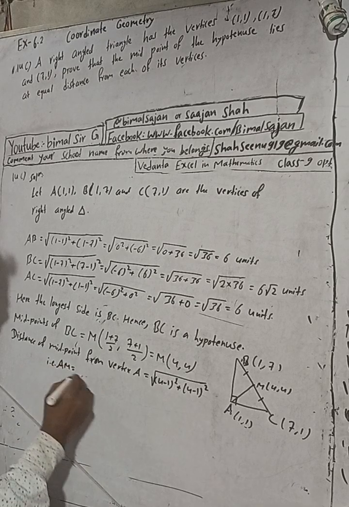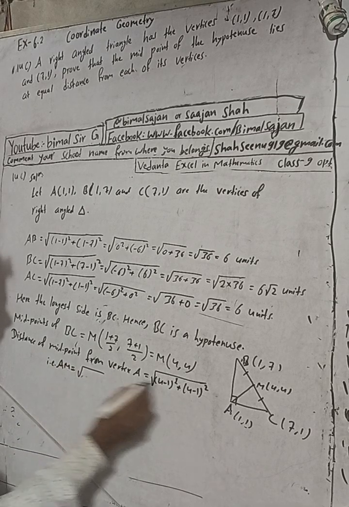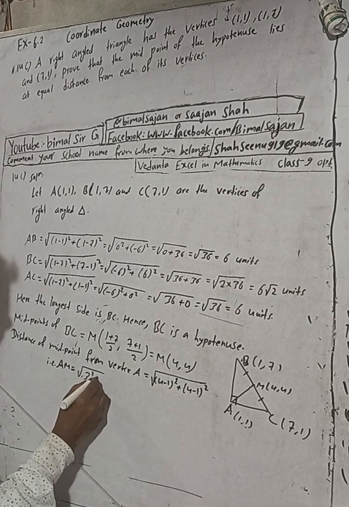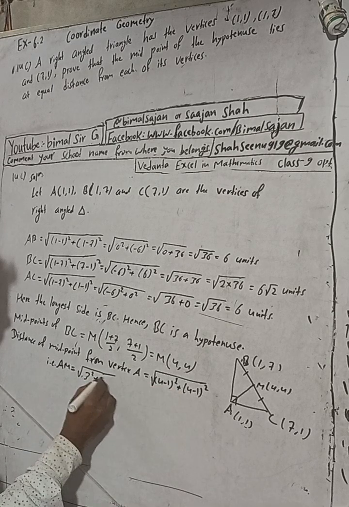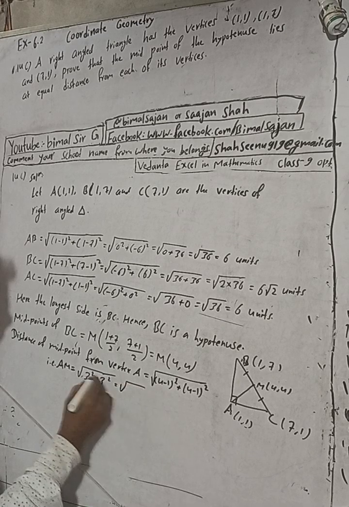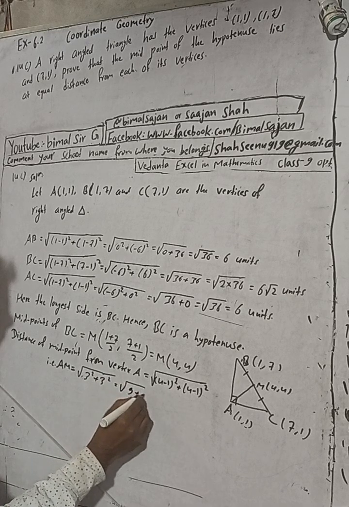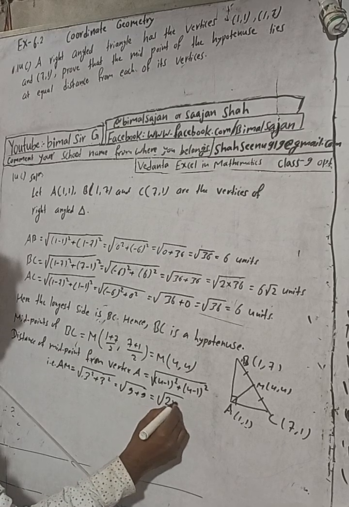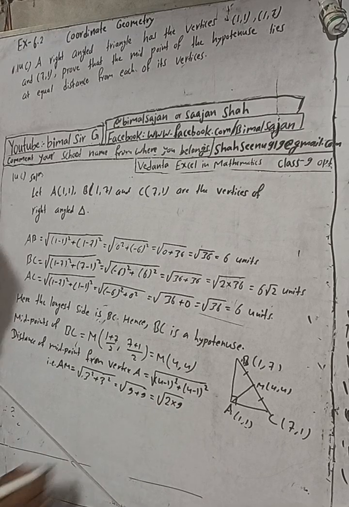AM is equal to root under 3 square plus 3 square. So 3 square is 9, 9 plus 9, that means 18.